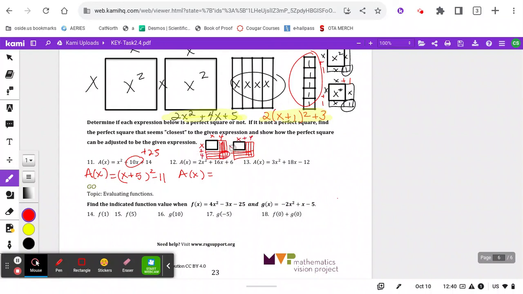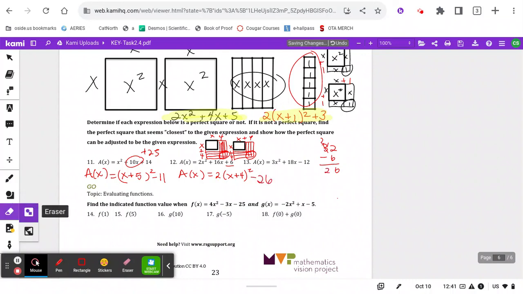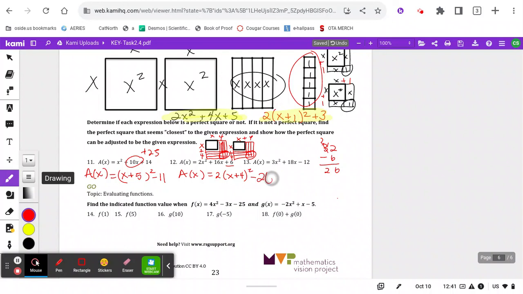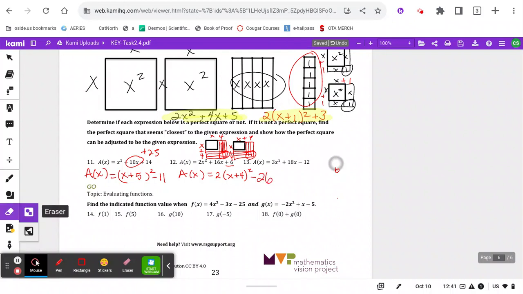And this is 4 by 4, that makes 16. So that's actually 32. So we go 2 x plus 4 squared. What adjustment do I have to make if this right here makes 32, but I only want 6? I have to take away 26 from the 32 in order to get 6.